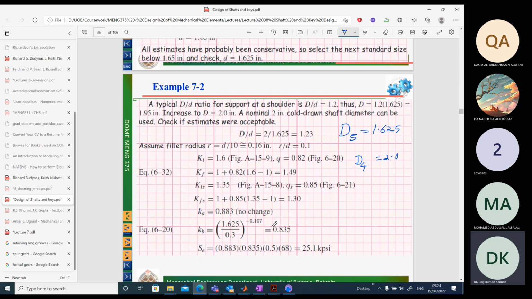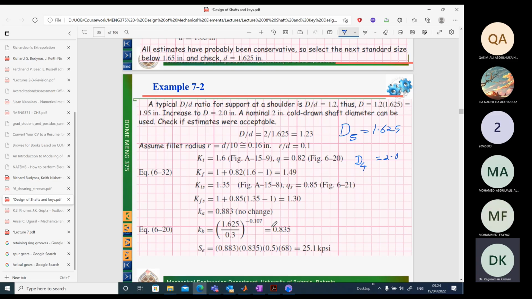Also, we can estimate based upon R over small d ratio what the R value is. It comes around 0.16 inches. So now we have estimated all these values. Now we can also estimate KT and KTS values from Peterson's graph. Similarly, we can estimate KF and KFS after we figure out what Q and QS are.